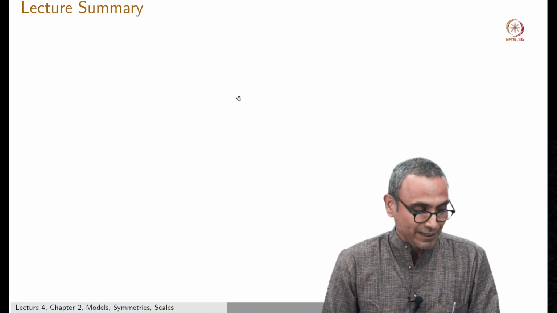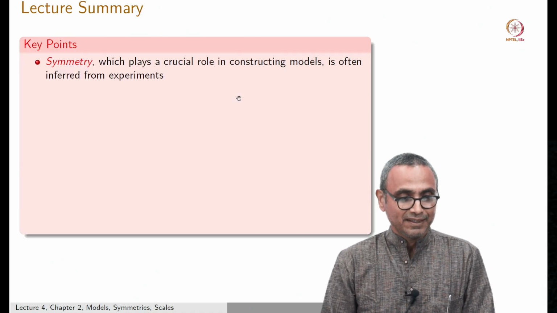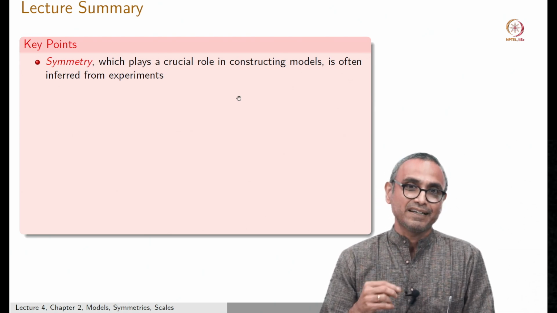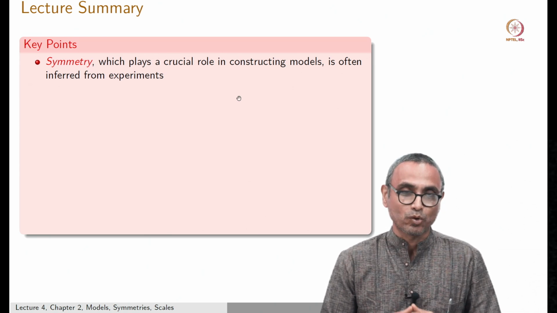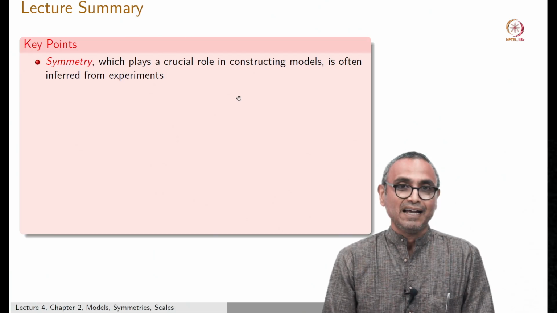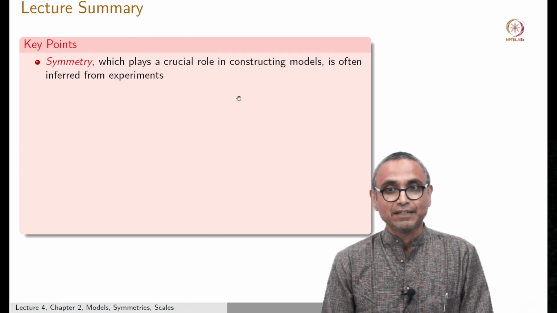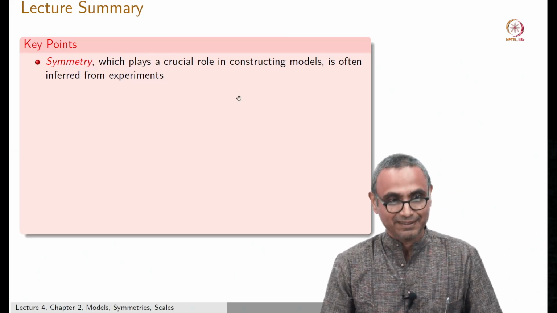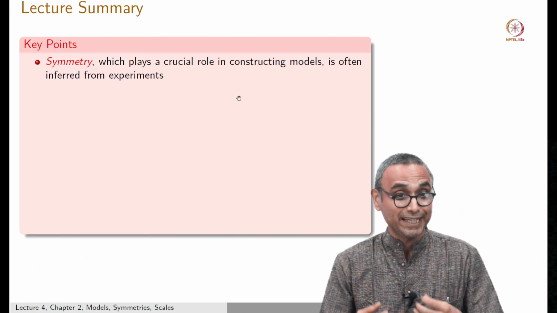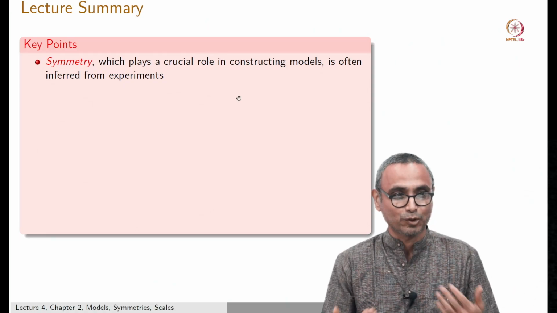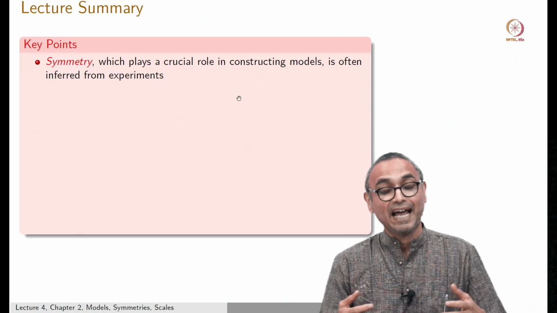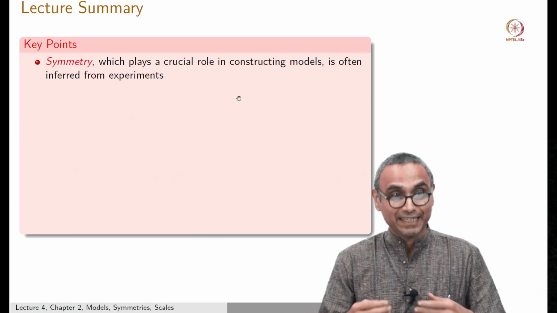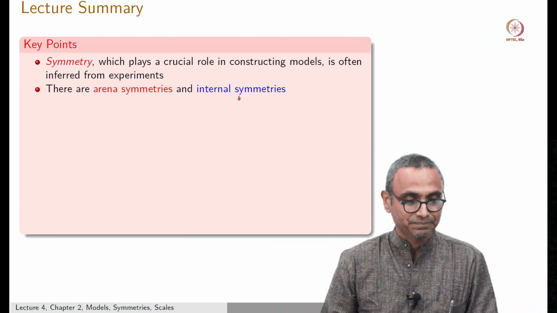Okay, so I'm ready to summarize this lecture now. The key point of this lecture is that symmetry plays an extremely crucial role in constructing models, and in many cases it is inferred from experiments, but I also pointed out that today people are imagining symmetries and finding new physics that is possible if those symmetries were present, and physicists are trying to construct systems where those kinds of symmetries are realized.